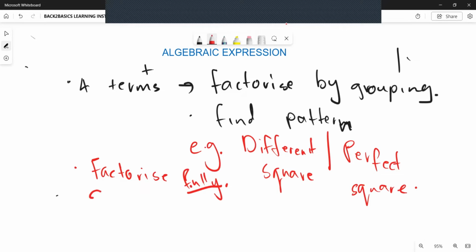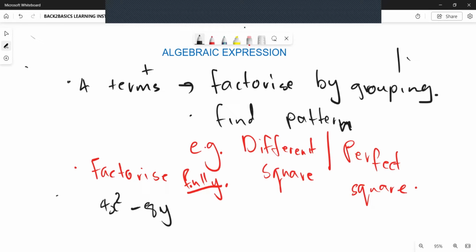Now, let's say you are given 4x squared, subtract 8y. Right? Now, what is it that we can do here?